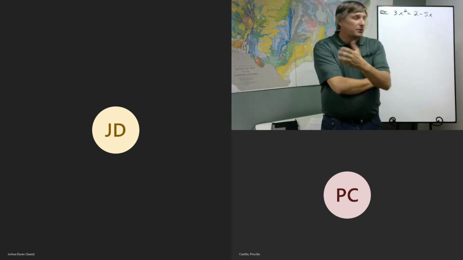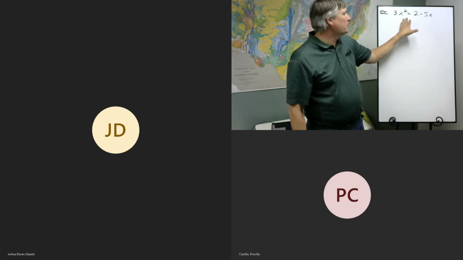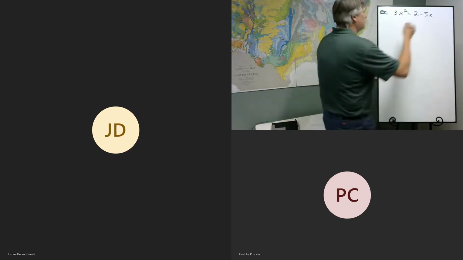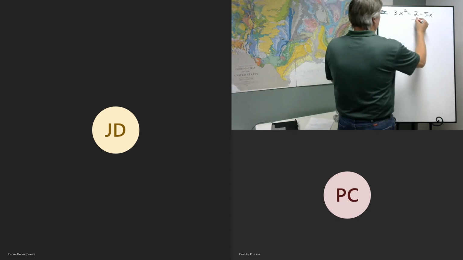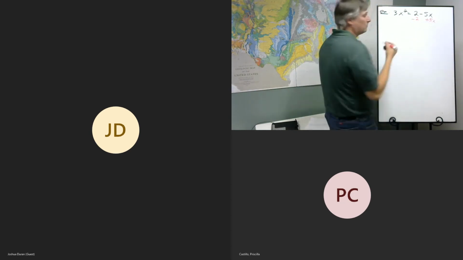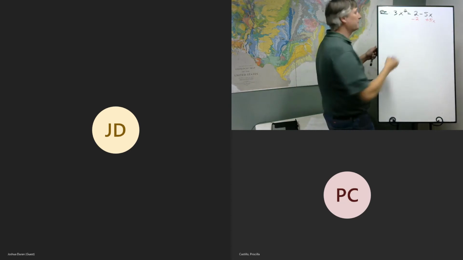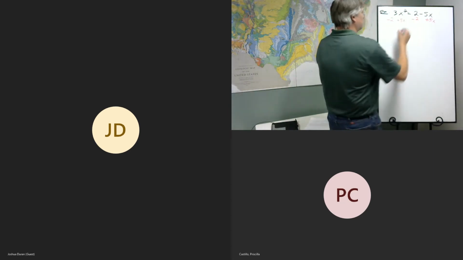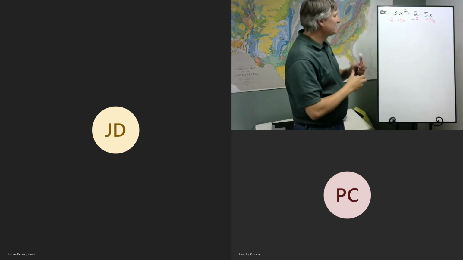Well, what we want to do first is we want to get everything to one side. So if we subtract 2 and add 5x, and what we do to one side, we have to do to the other. So subtract 2, we'll add 5x.